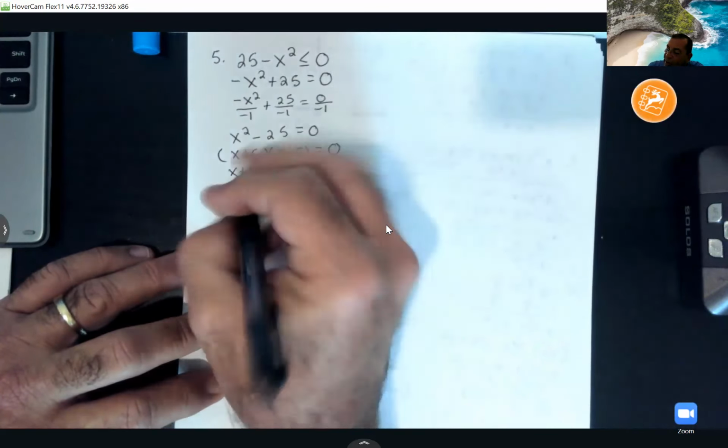Well, y'all, guess what? 1 and 8 add to get a 9, so that don't work. 2 and 4 add to get a 6, so that don't work. So guess what? This one does not factor. So since this does not factor, there's what we call no solution.